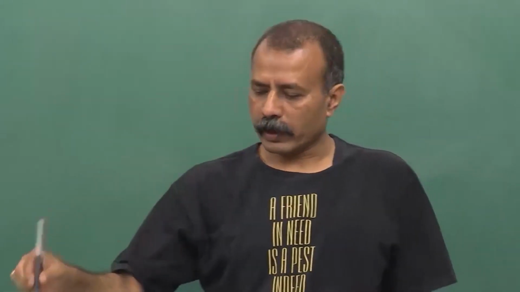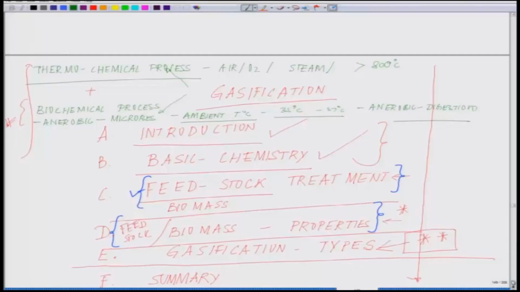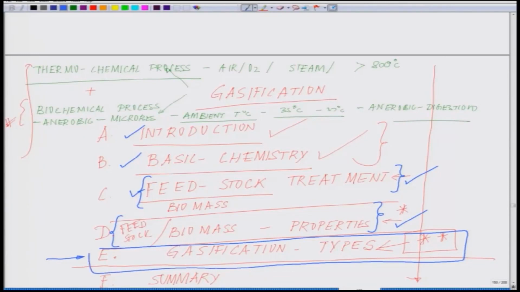So, today what we have covered, let us go over again. We already did the introduction, basic chemistry, feedstock treatment, and today we talked about feedstock properties. Now, our goal will be to understand the interesting portion, which is the gasification types. Under this, everything you will be able to appreciate much better.